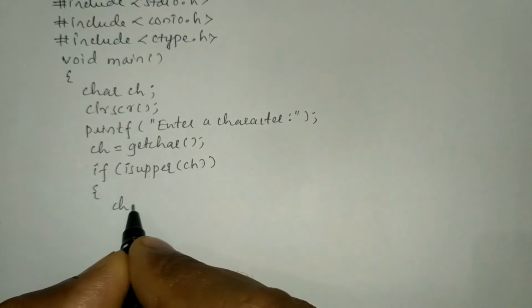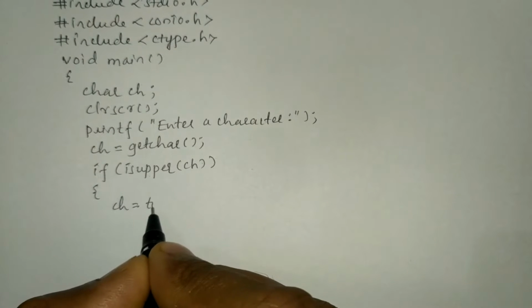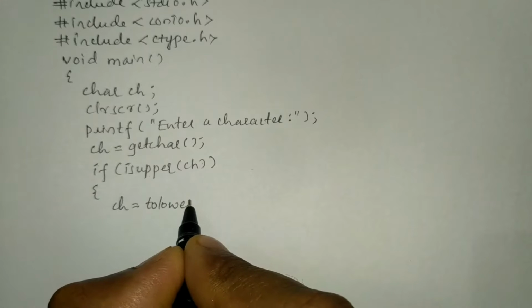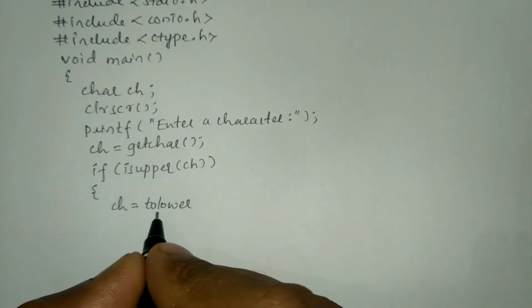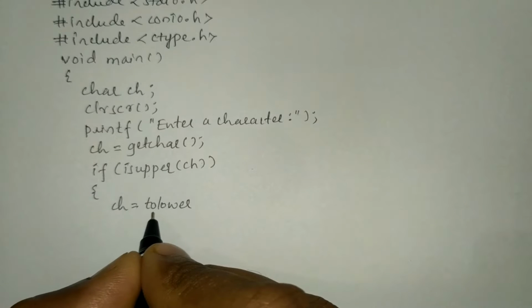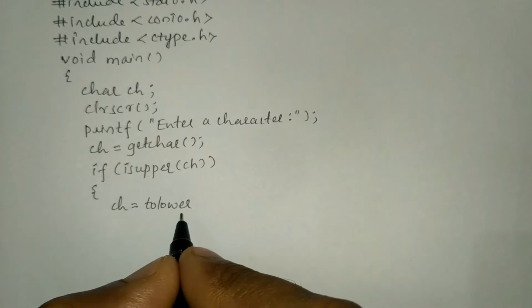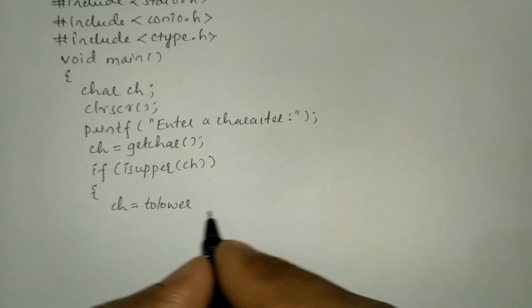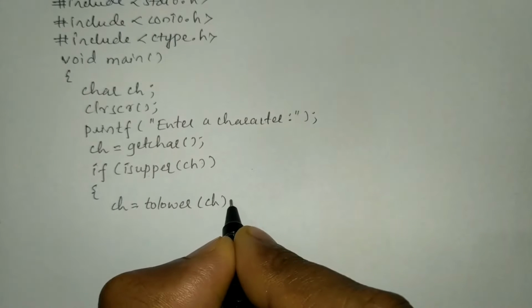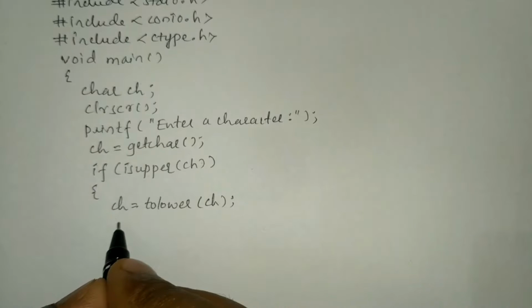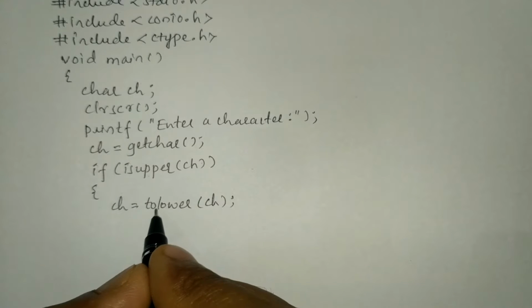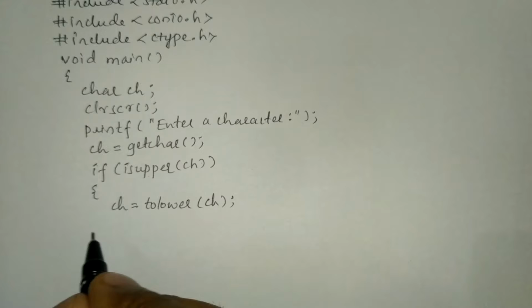Here I'll write ch is equal to tolower, which is one more built-in function present in ctype.h header file, which is going to convert from uppercase letter to lowercase letter, and here we are going to pass the same variable ch, and again it will be assigned to ch after converting from uppercase to lowercase.